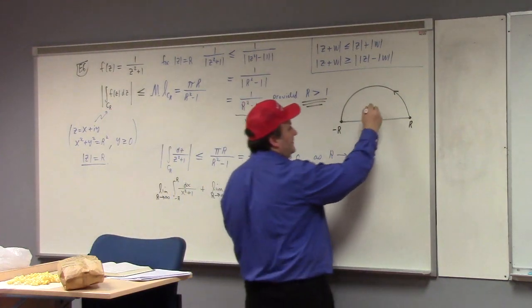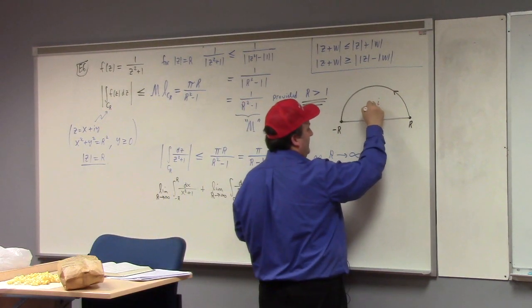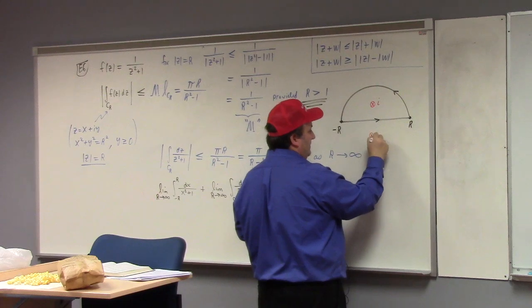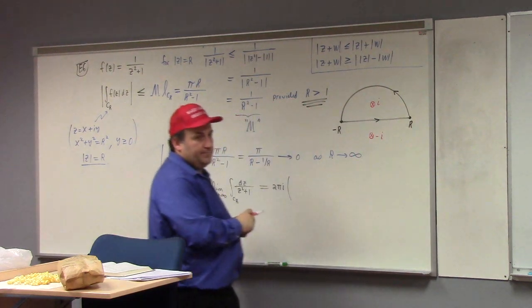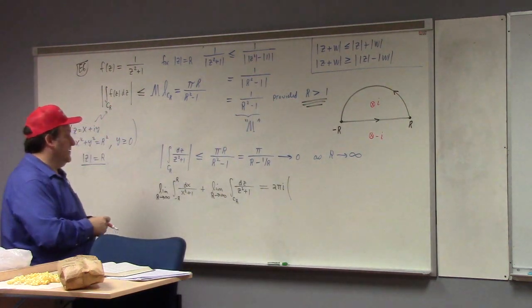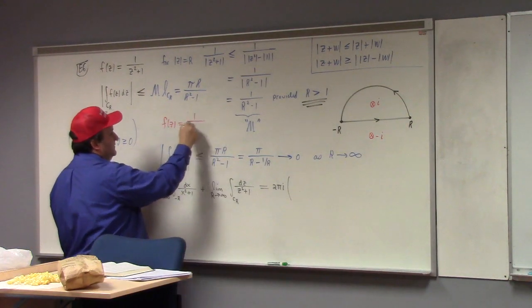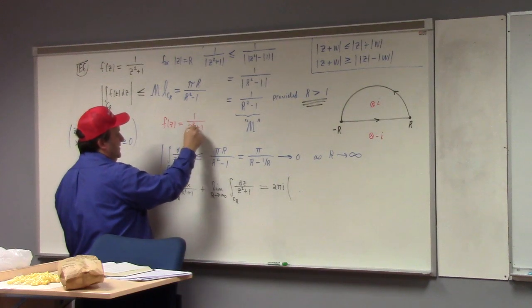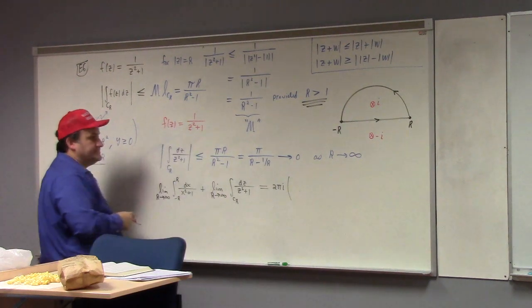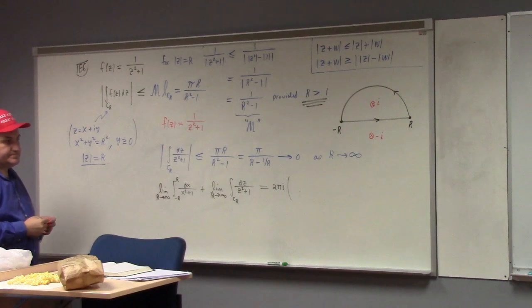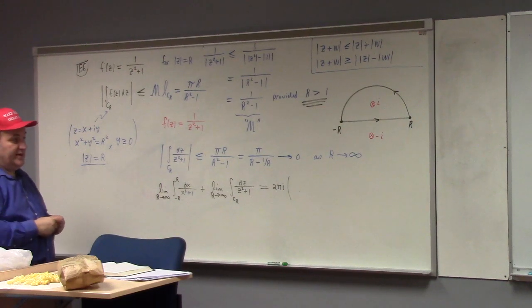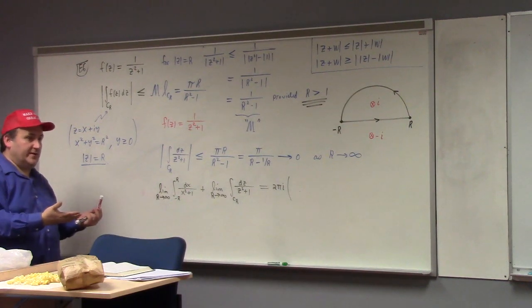Like, there's one here, and there's one down here, right? Because f of z, 1 over z squared plus 1, has singularities at plus or minus i. So we only have one singularity inside the half circle, right?